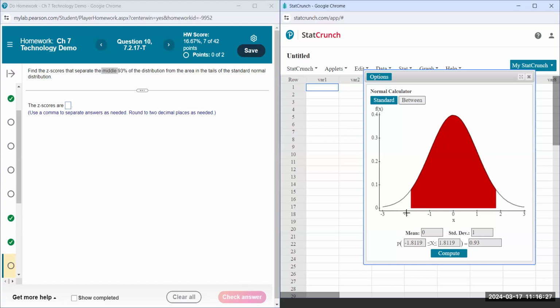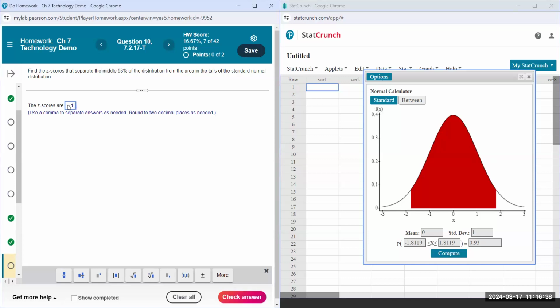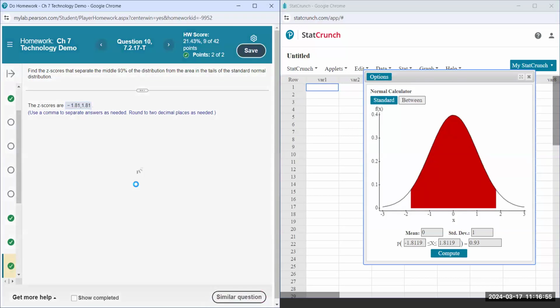So notice how it's close to 2 and negative 2, but you're a little bit below. So it's actually at negative 1.8 and positive 1.8. Separate it by commas. Also put it in order from smallest to largest, because sometimes they mark it wrong. 2 decimal places, 2 numbers behind the decimal. So somewhere between negative 1.8 and positive 1.8 standard deviations, almost between 2.